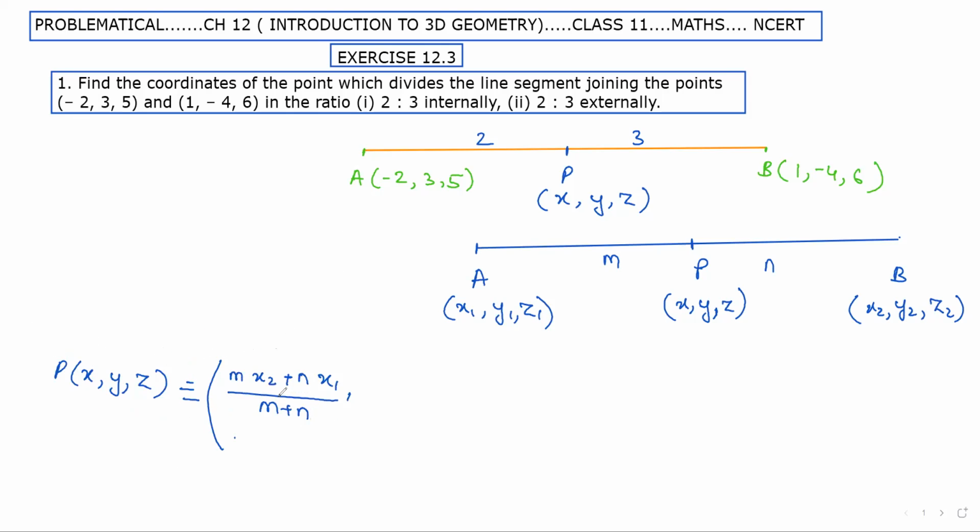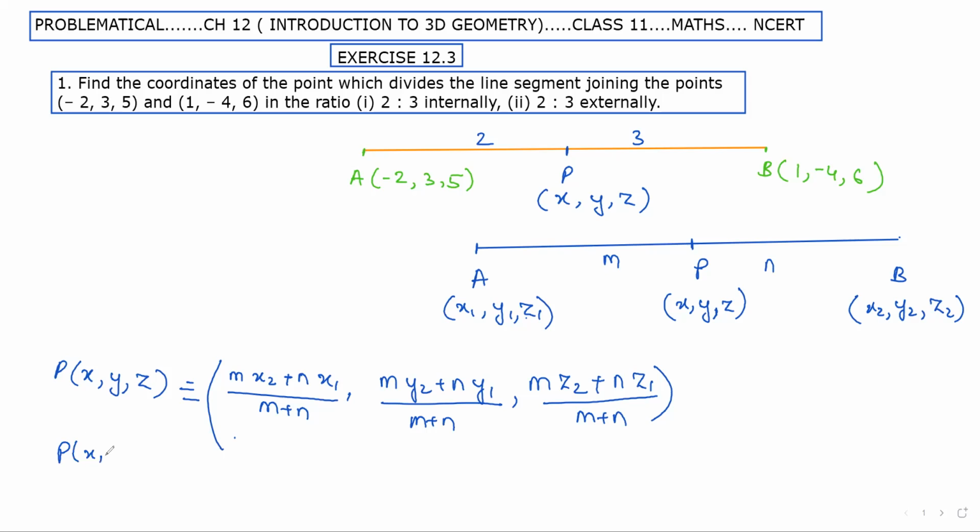This is the first coordinate x. Second, m into y2 plus n into y1 upon m plus n, and m into z2 plus n into z1 upon m plus n. So this is the general form. Now, instead of x1, y1, z1, we have -2, 3, 5, and instead of x2, y2, z2, we have 1, -4, 6.